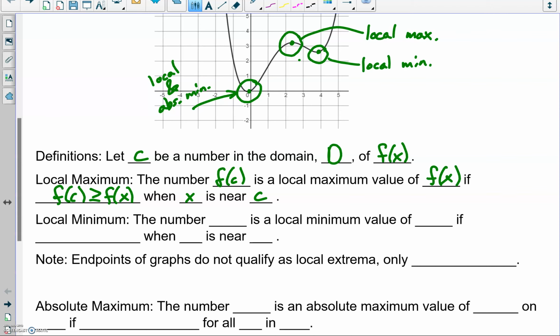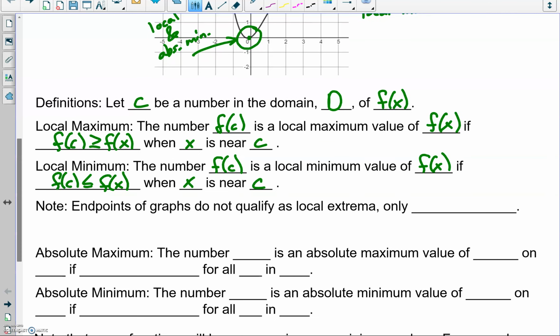The local minimum, similar idea. f of c is the local minimum of f of x if f of c is now less than or equal to f of x when x is near c. That's just saying this y value is a local minimum if it's smaller than the y values that are right around it on both sides, essentially.